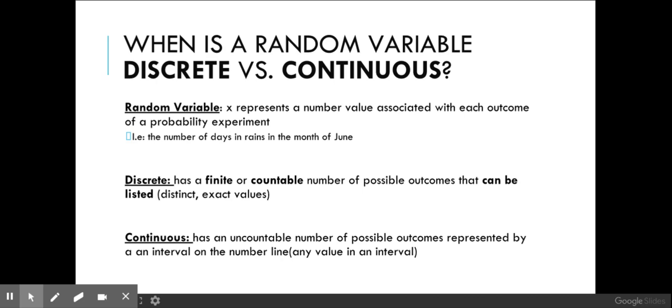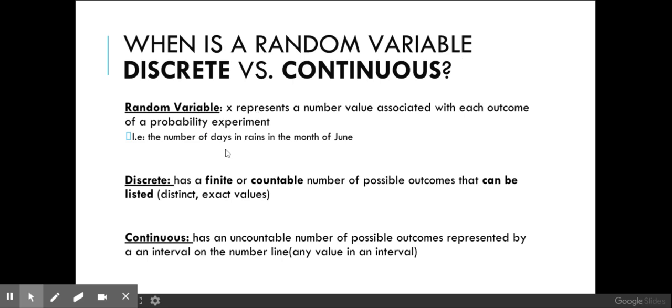So a random variable, let's define that first, is some value x that represents a number value associated with each outcome of a probability experiment. So let me remind you of what a probability experiment is. This could be flipping a coin, seeing how many times you get heads.